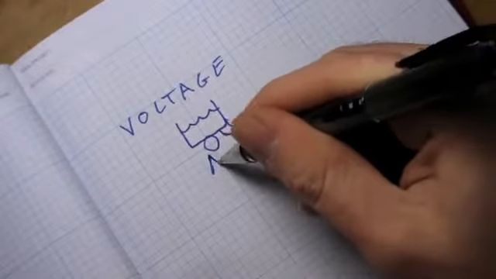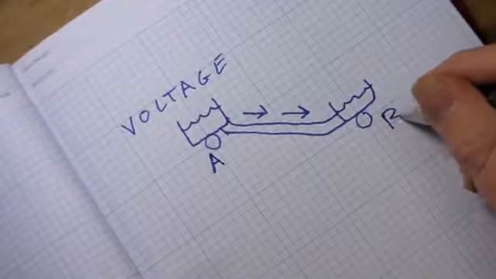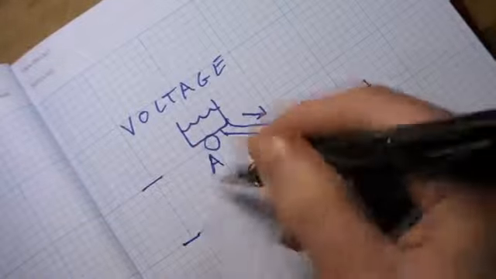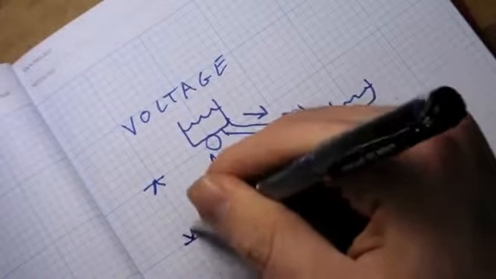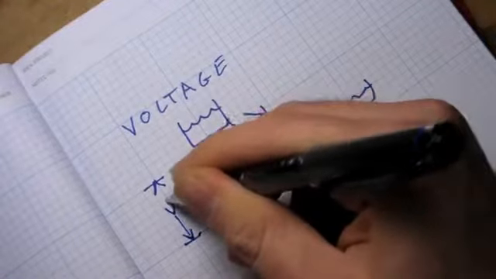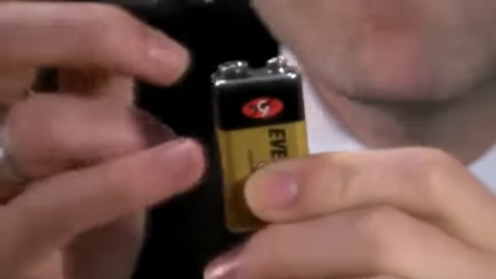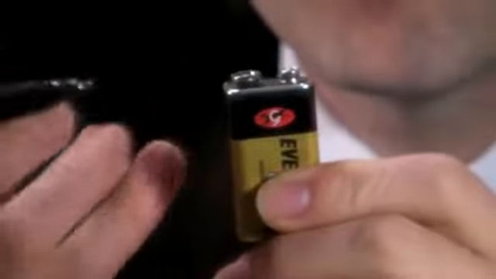This difference in height between points A and B is kind of like a voltage. So, when we talk about a 9-volt power supply, we're really talking about 9 volts difference between the supply's positive and negative terminals. And of course, voltage is measured in volts. Makes sense?